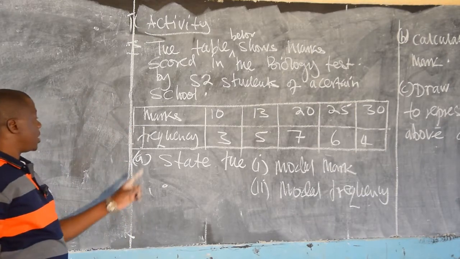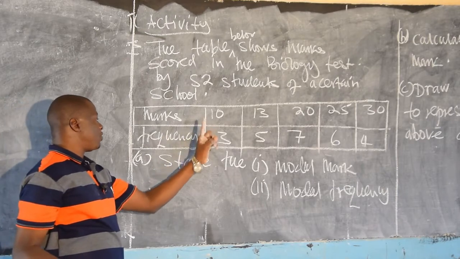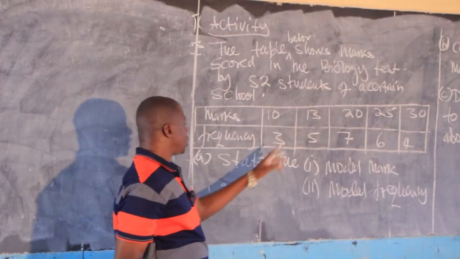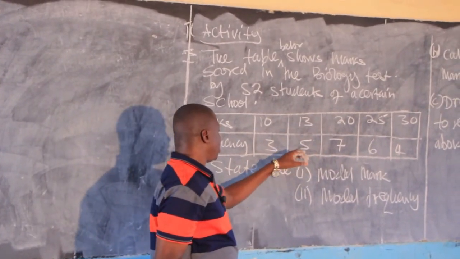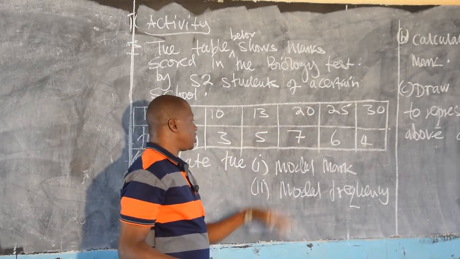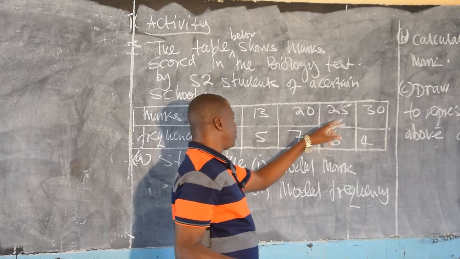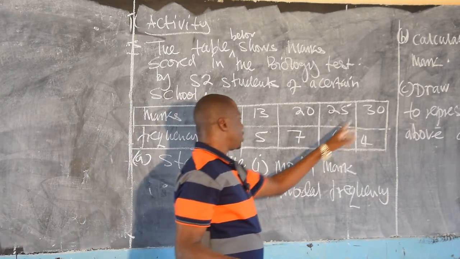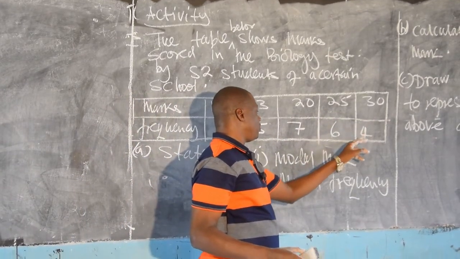We have marks 10 with a frequency of 3, 13 with a frequency of 5, 20 with a frequency of 7, 25 with a frequency of 6, 30 with a frequency of 4.